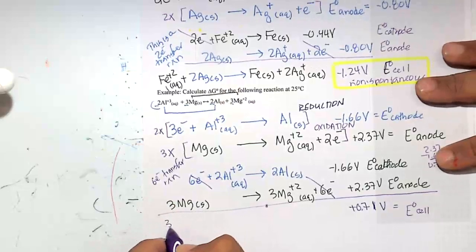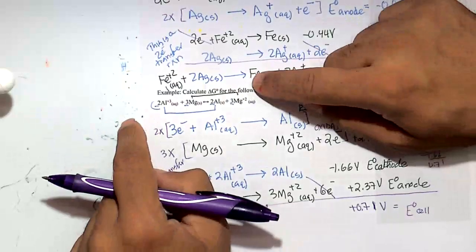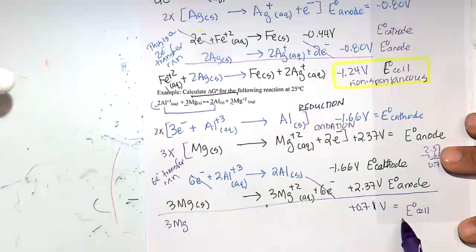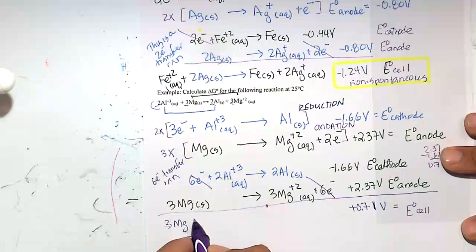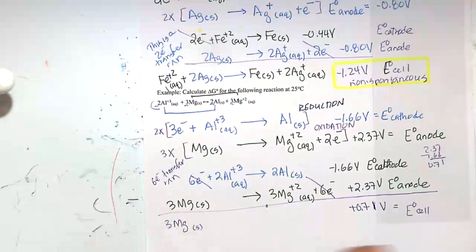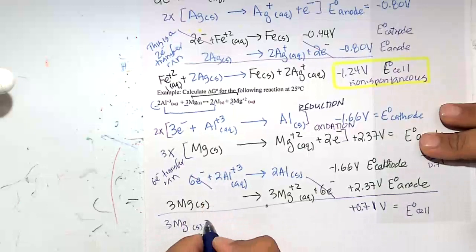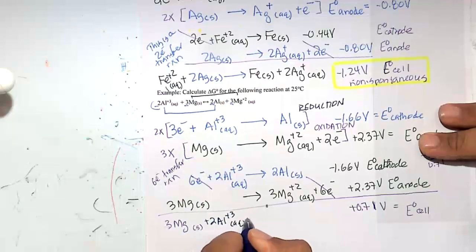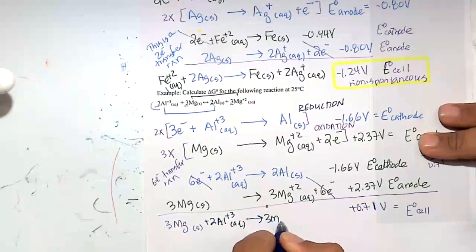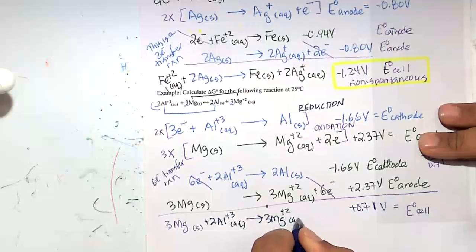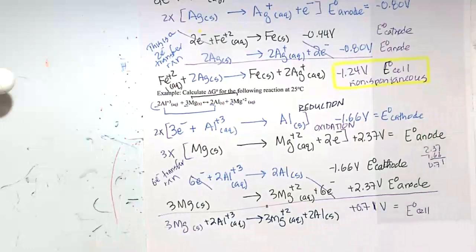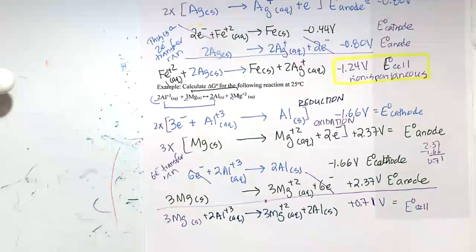And this is my net one: 3 Mg solid plus 2 Al 3+ goes to 3 Mg 2+ aqueous plus 2 Al solid. My net one is the same as this. I broke this apart and put it back together, but now I've got my E cell, positive 0.71 volts.